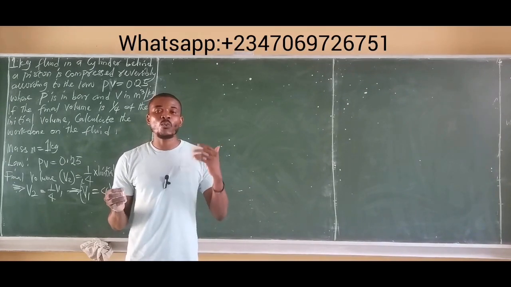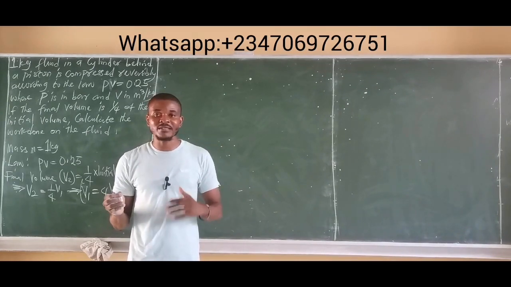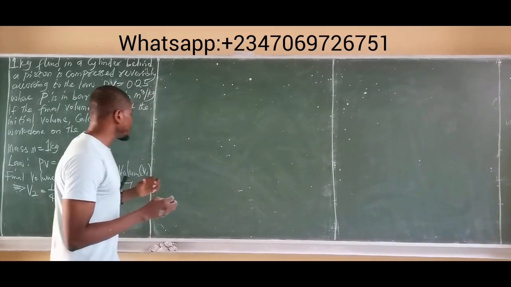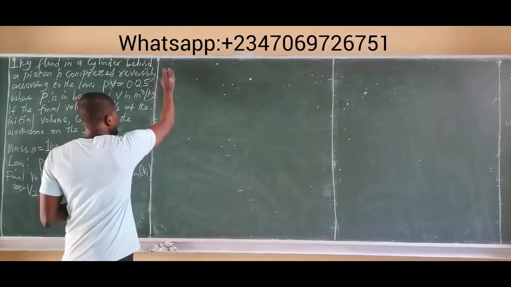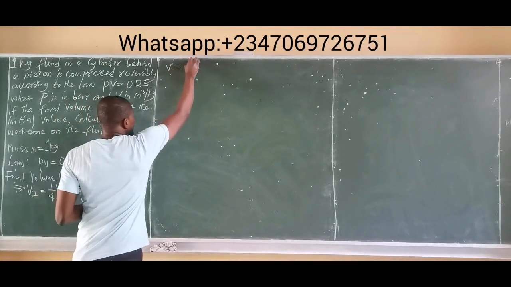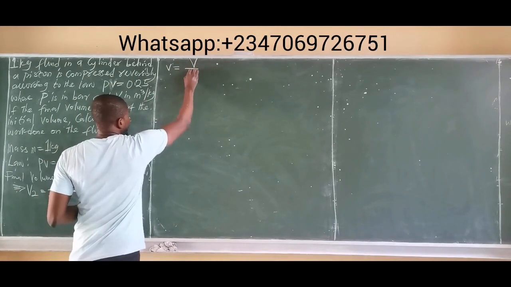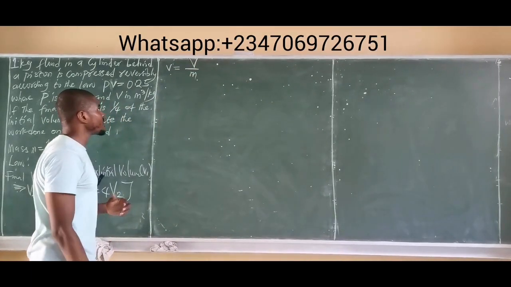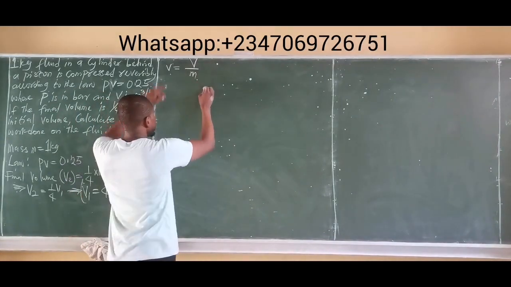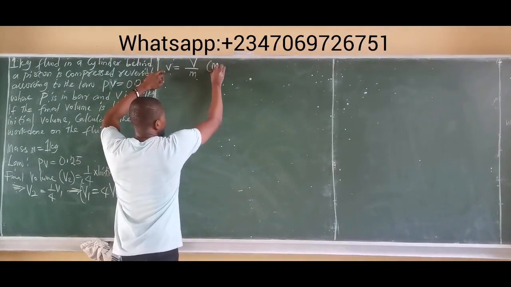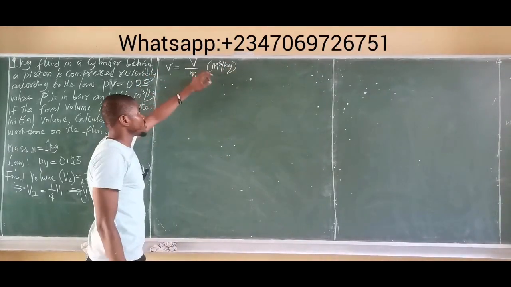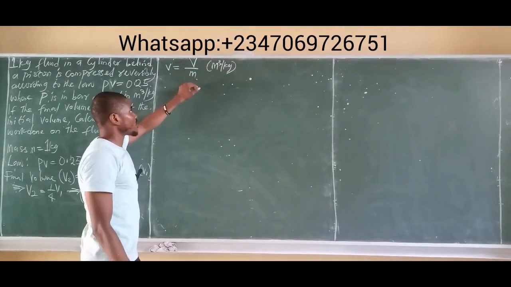And of course, when you divide the extensive properties by mass, you have what is called the specific properties. So the specific property of volume is always symbolized with a small letter v, and it is simply the total value of volume divided by mass. So this means that the unit of specific volume is always going to be meter cube per kilogram, because meter cube is a unit of volume, kilogram is a unit of mass.